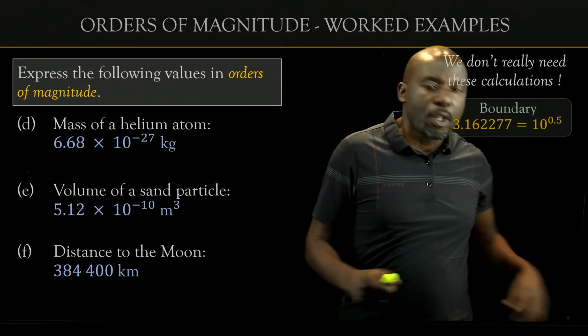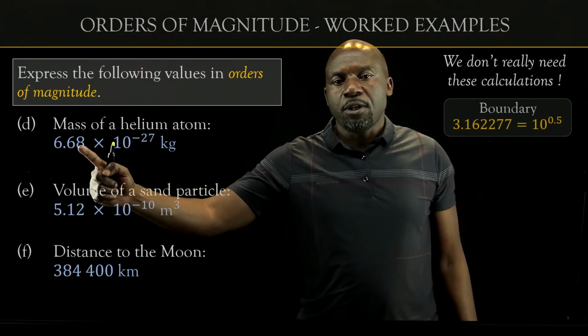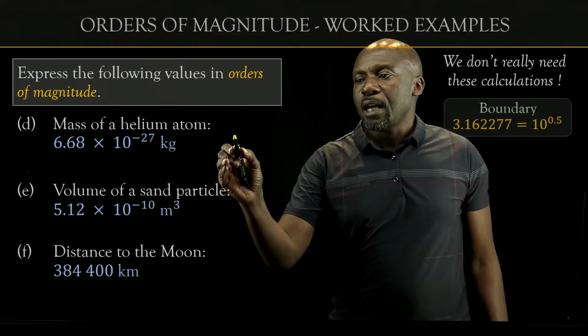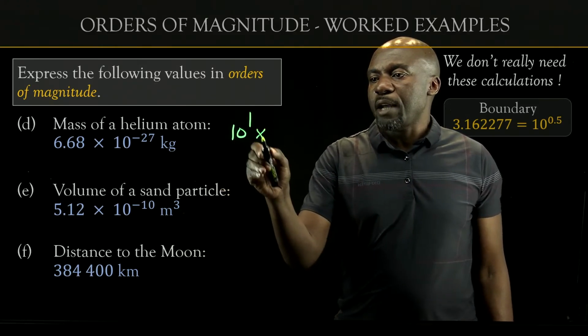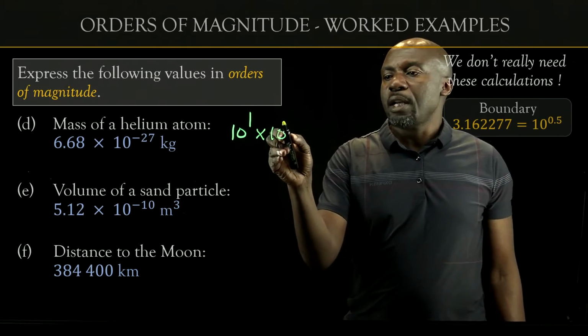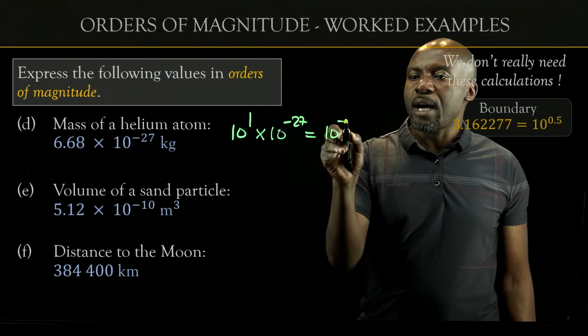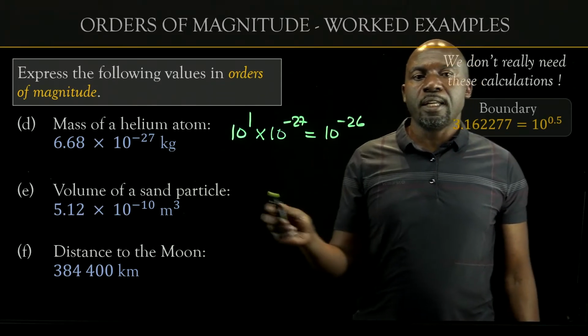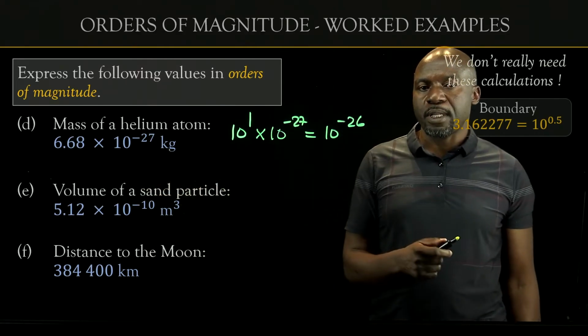And so I know that 6.68 is approximately 10 to the power of 1, and multiplied by 10 to the power of negative 27, that's going to give me 10 to the power of minus 26. So immediately I know that in orders of magnitude this is going to be 10 to the power of minus 26.